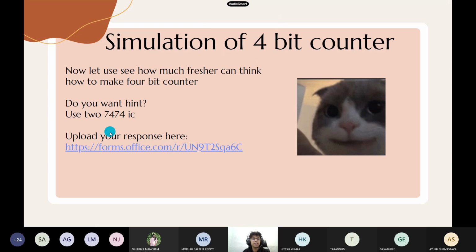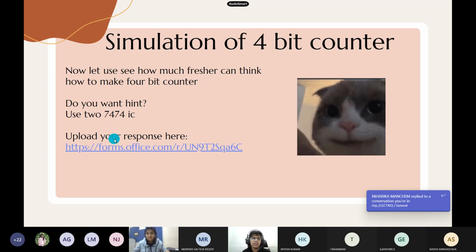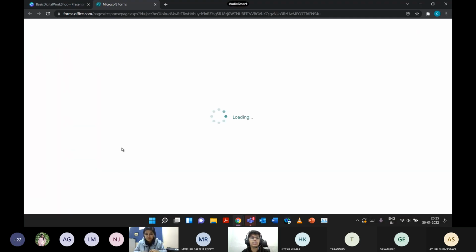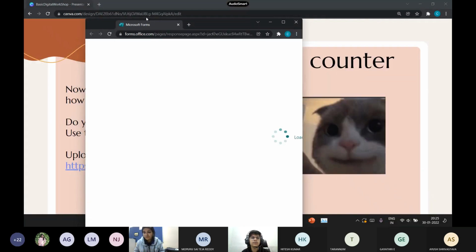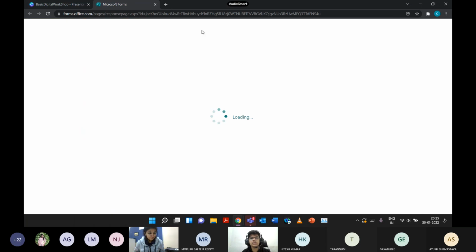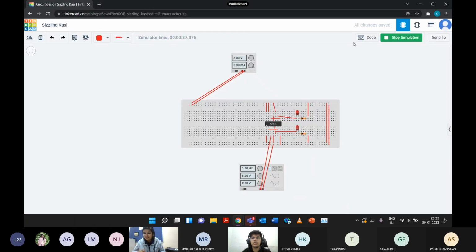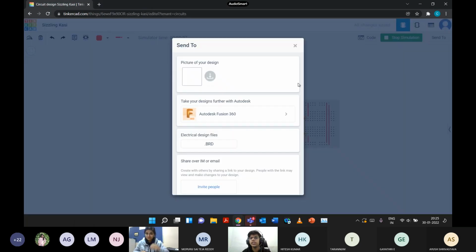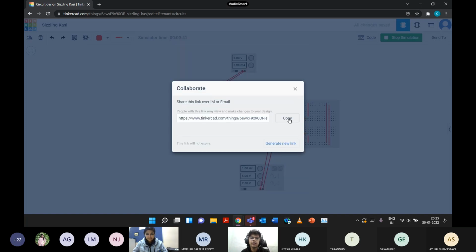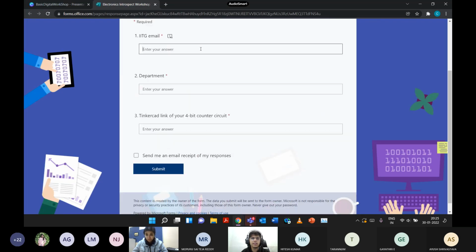There's a hint. You can use two 7474 ICs, and to submit your response, I'll tell you how to get your Tinkercad link. So this is my form. First open Tinkercad, go to send to, and invite people. On invite people, you can copy your link for your project and submit it here.